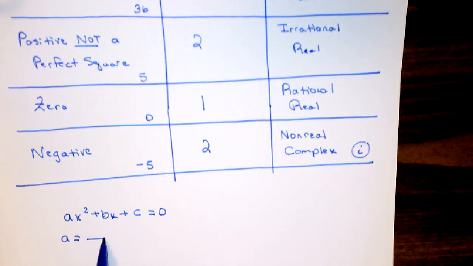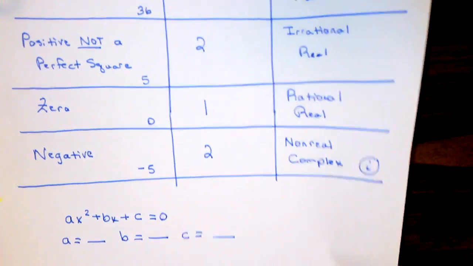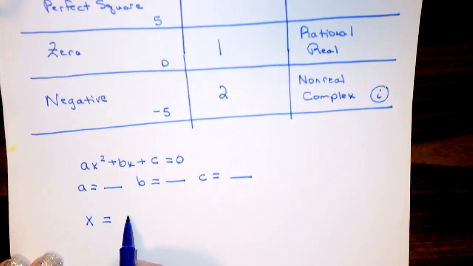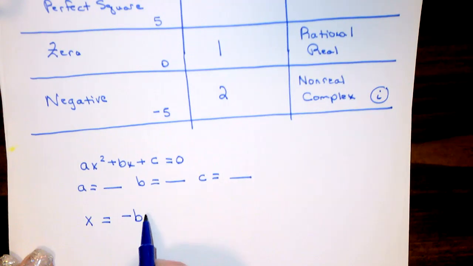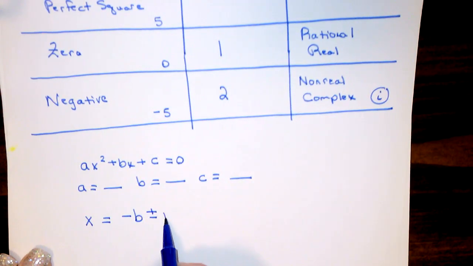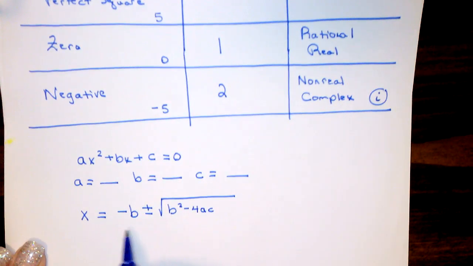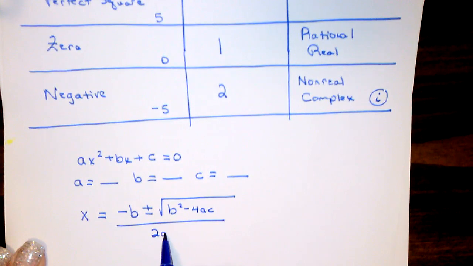You want to identify A, B, and C. And then your formula, if you remember, is negative b, plus or minus the square root of b squared minus 4ac, all over 2a. So remember, that is the formula that you're going to be using to solve the questions. And again, it works for every type.